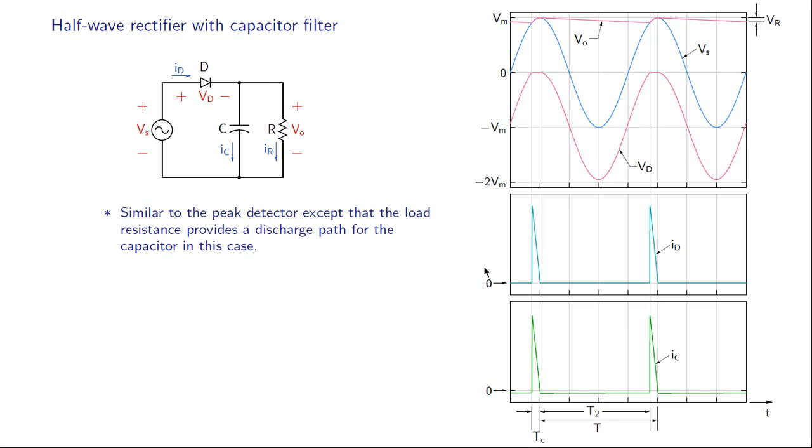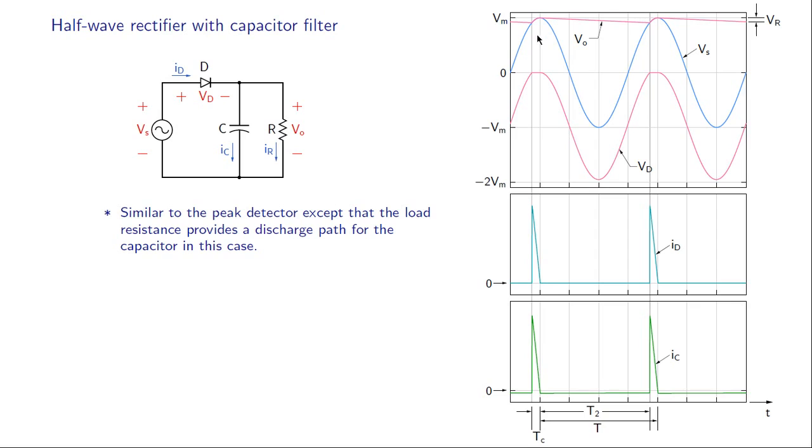First, we note that the diode conducts only in a very short interval compared to the period of the waveform, and that corresponds to this part of Vo. And when the diode is not conducting, we have only this circuit.